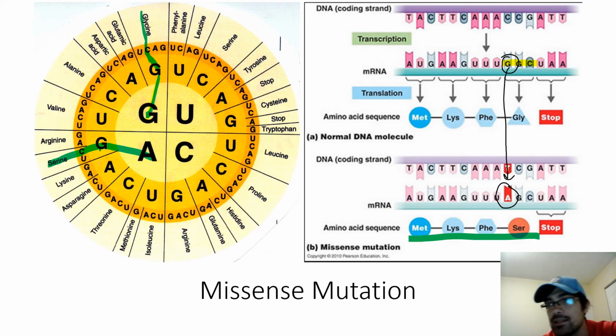It's hard to say exactly what the overall effect will be. Sometimes it can be quite bad. Sometimes it's okay. So this one has a little bit of a gray area. Sometimes the results can vary depending on how badly the shape gets changed. Like I said, though, proteins are often quite sensitive to their overall shape.